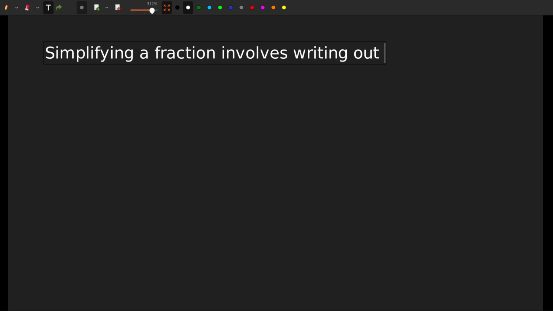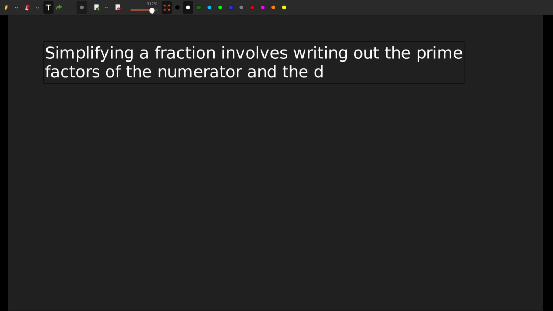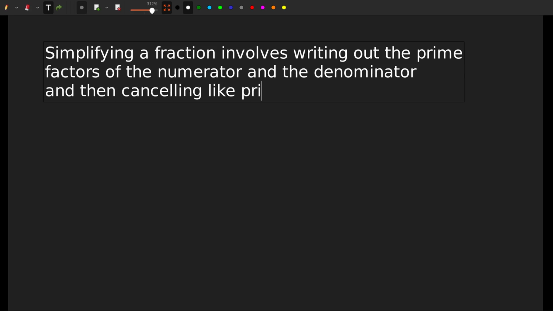And so I'm going to use my little text function here. Simplifying a fraction involves writing out the prime factors of the numerator and the denominator, and then canceling like primes.